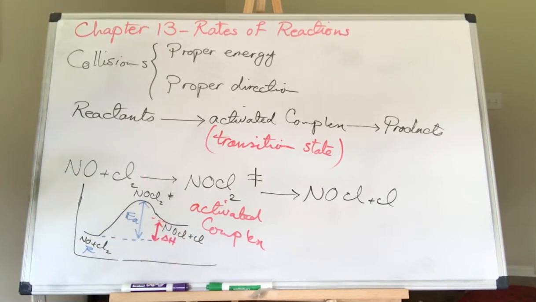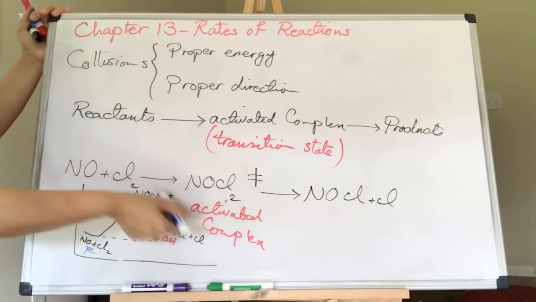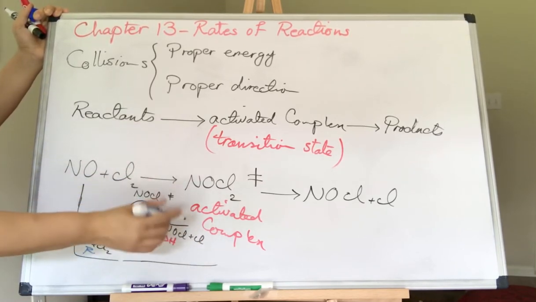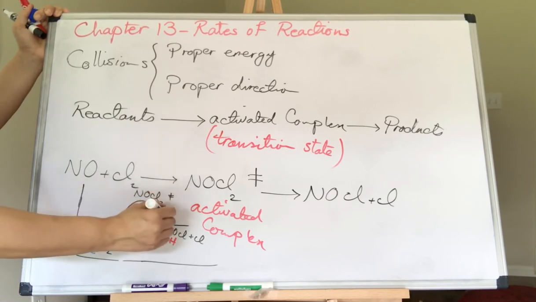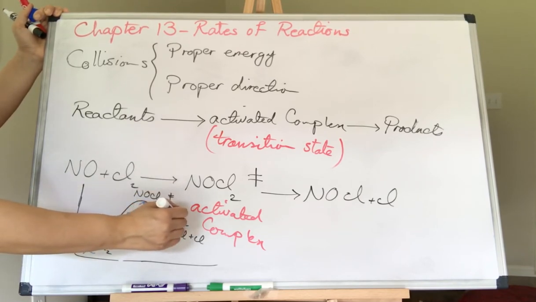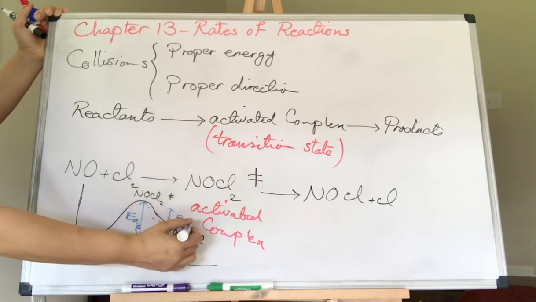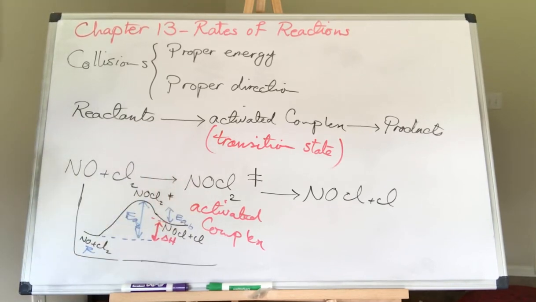If the reaction goes backwards from products towards the reactants, then NOCl and Cl are going to be your reactants. So this amount will be the activation energy for the backwards reaction. This is for forward, I call it F, and this I'll call B, activation energy of backwards.